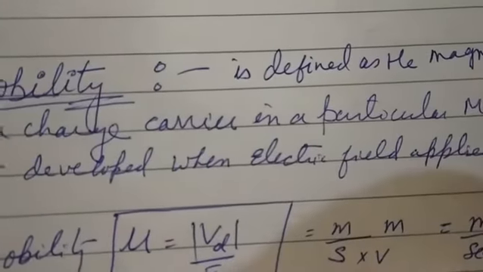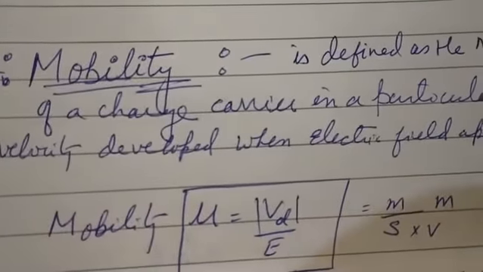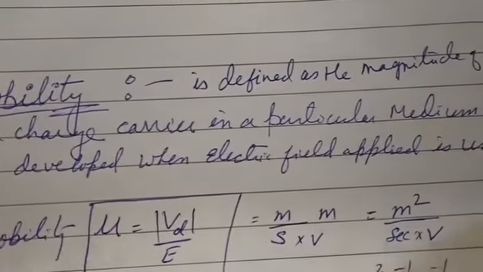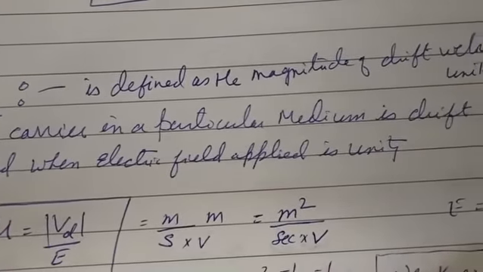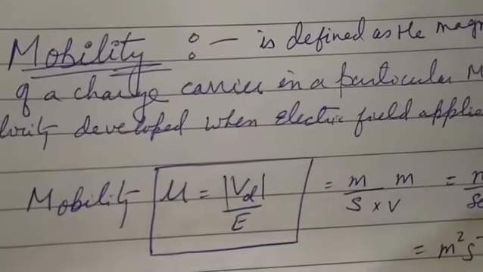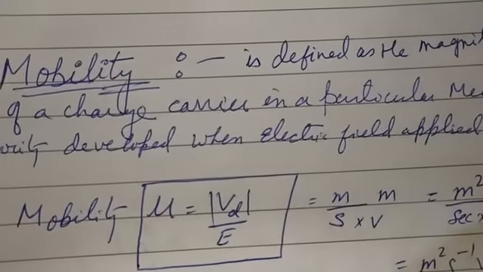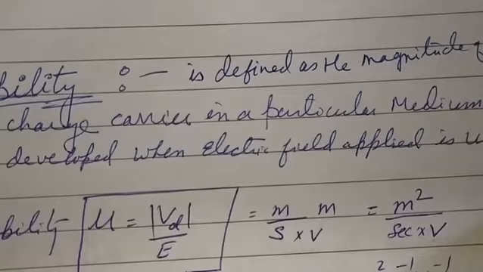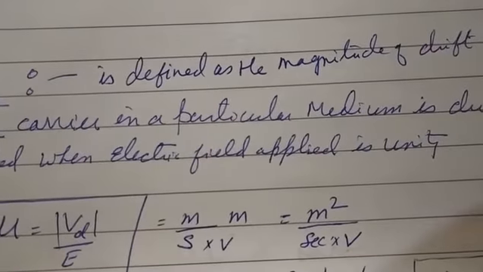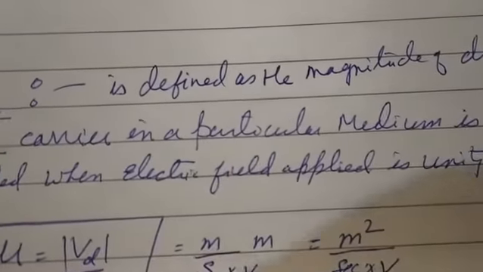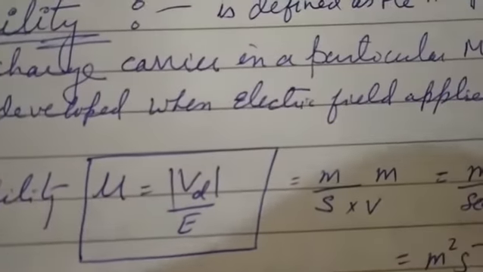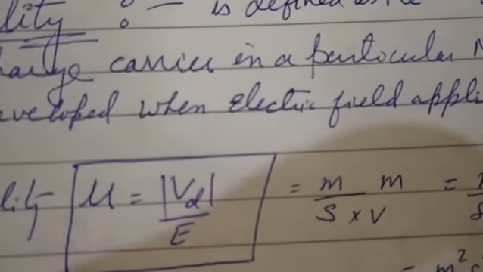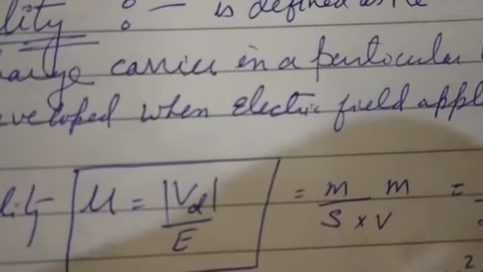Or we can say that mobility of a charge carrier in a particular medium is the drift velocity developed when the electric field applied is unity, or a unit electric field is applied. So when we apply the unit electric field, drift velocity is equal to its mobility.